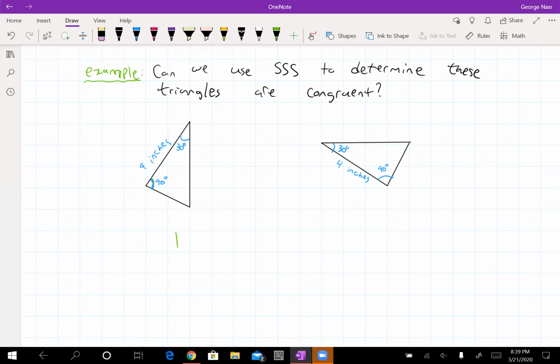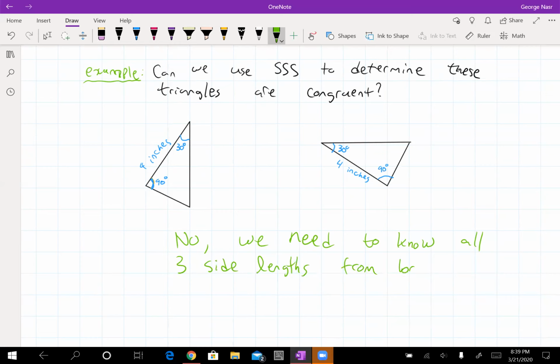So the answer is no, because we need to know all three side lengths from both triangles to use side, side, side.